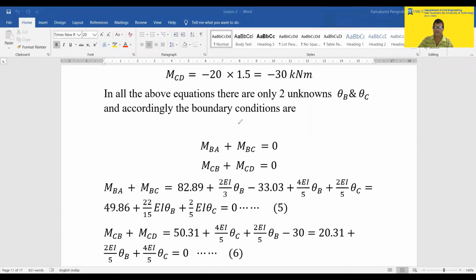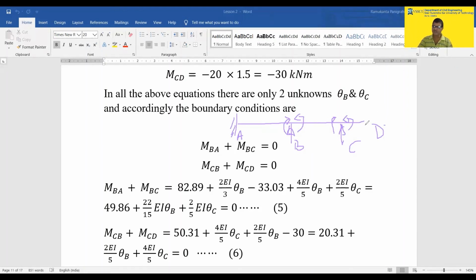Because we have already discussed that here it is A, here it is B, here it is C. So here the moments will be like this, and here the moments will be like this. So we will combine both the moments for the span joint B. Because MDC we have not calculated anything, MDC will be 0, that has no meaning.